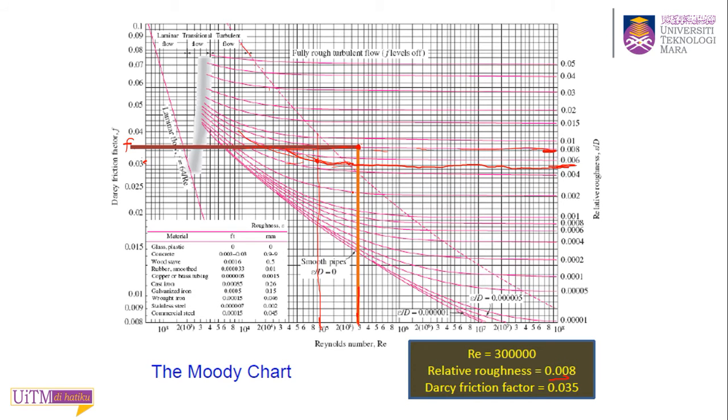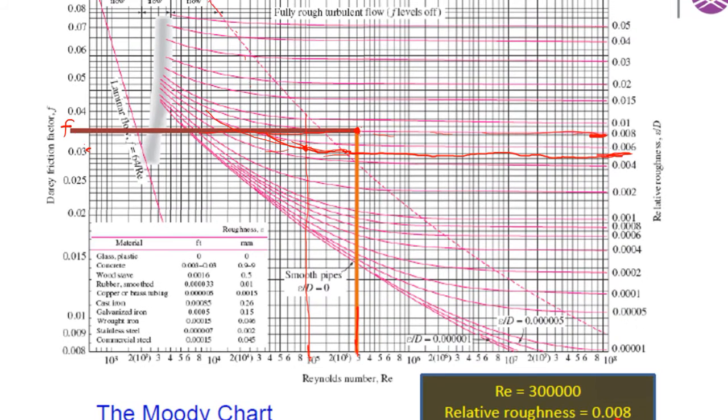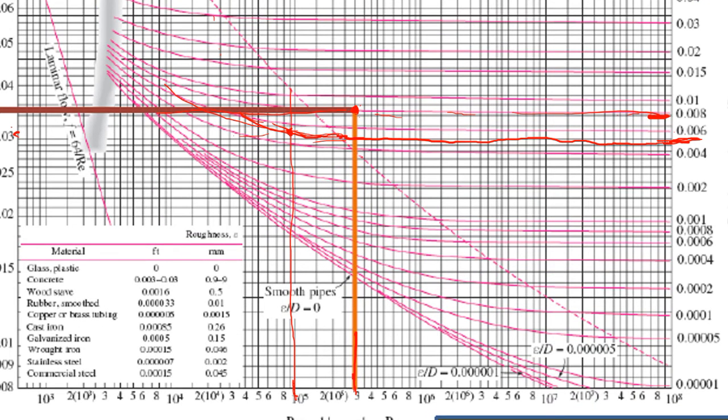So your Reynolds number is 1.2 times 10 power of 5, right? So let me zoom. This is 10 to the power of 5, 3, 4, 3, 2.